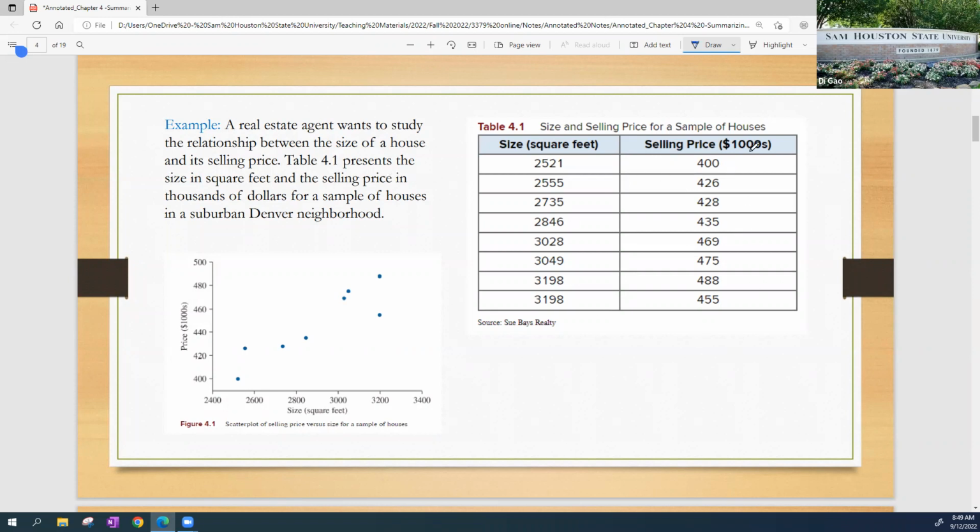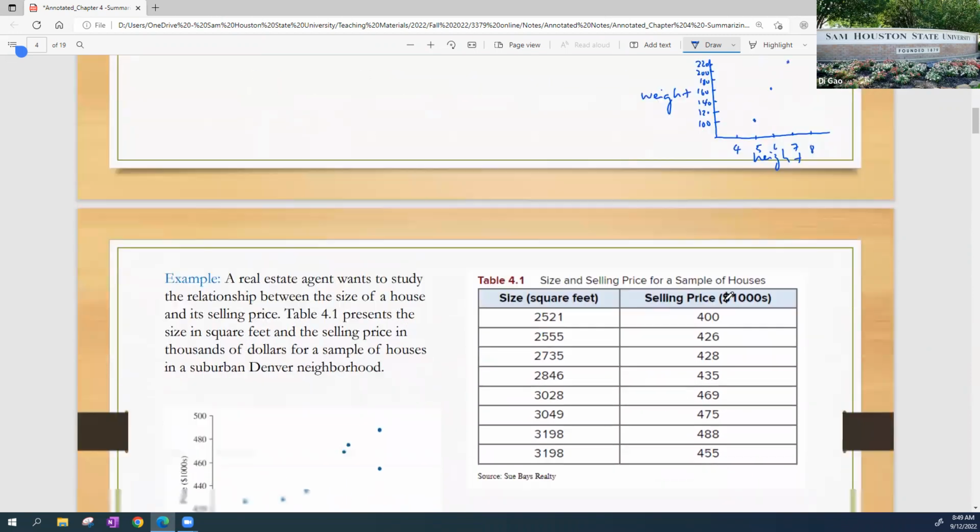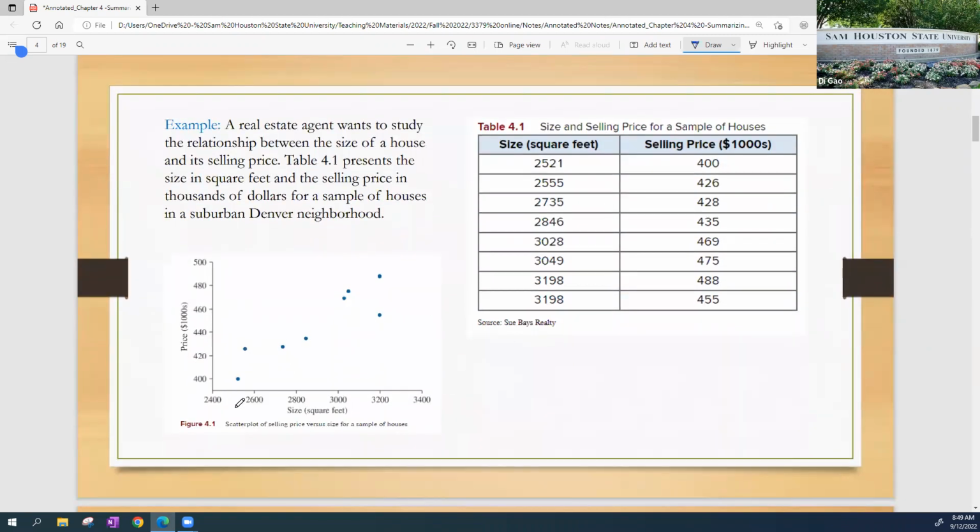Okay, so we have 1, 2, 3, 4, 5, 6, 7, 8. So 8 pairs of data. So the sample size is 8. So we should see 8 dots in the scatter plot, just like we introduced for this example. For each one, we label the dots in the XY system, and then we got this scatter plot.